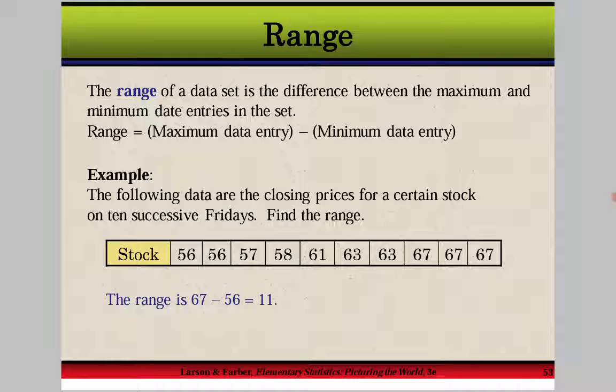In this data, the minimum value is 56 and the maximum value is 67. So the range is maximum value minus minimum value, that is 67 minus 56, that is 11. So the range of data is nothing but the difference between the maximum and minimum values in the data items.